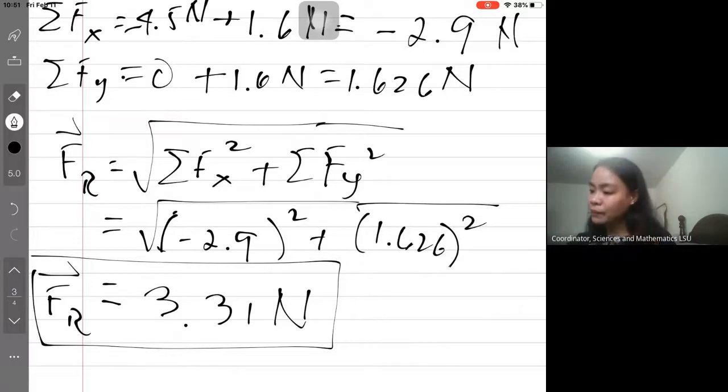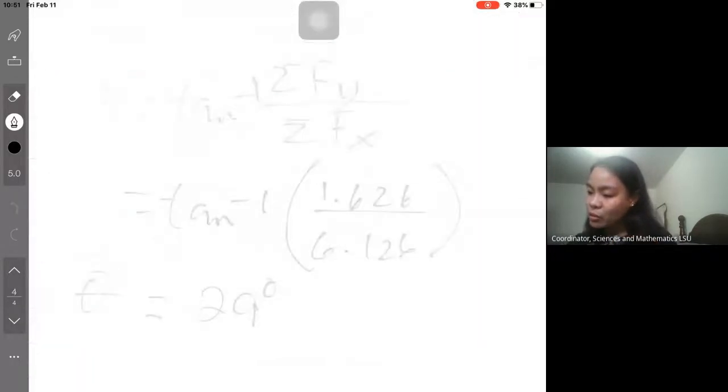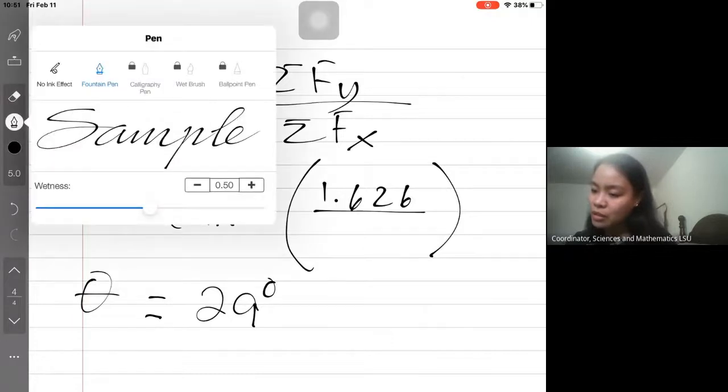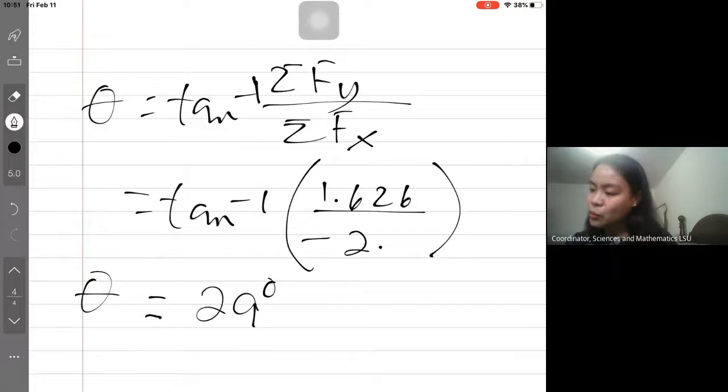3.31. All right. Okay. So here, this is not 6.126, but this is negative 2.9. Okay, so 1.626 divided by 2.9, and inverse tangent is 29 degrees.